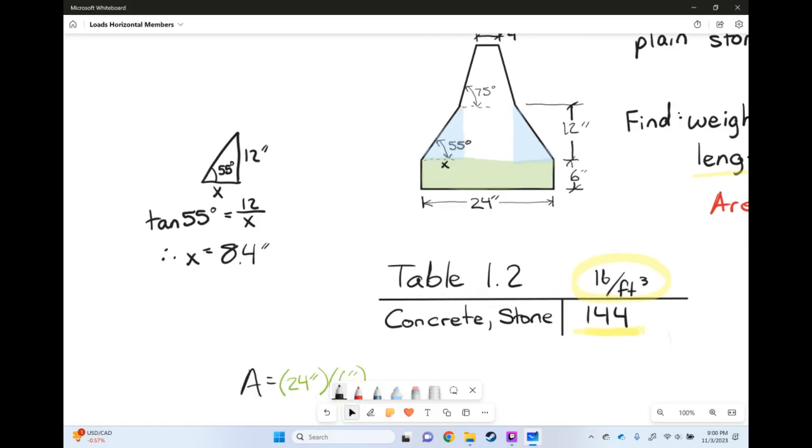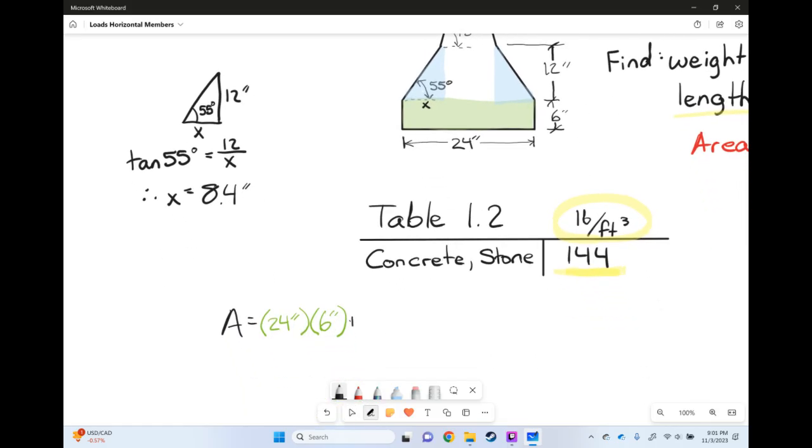Okay, I'm going to go do my calculation over here. We've got two of these wonderful triangles. A triangle is 1/2 times the base, the base is X, 8.4 inches, times the height, which we said was 12 inches. So that's my two of those triangles.